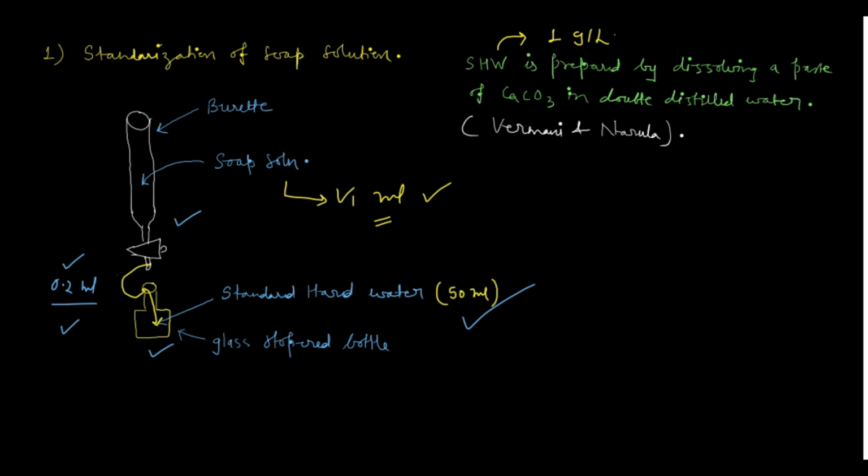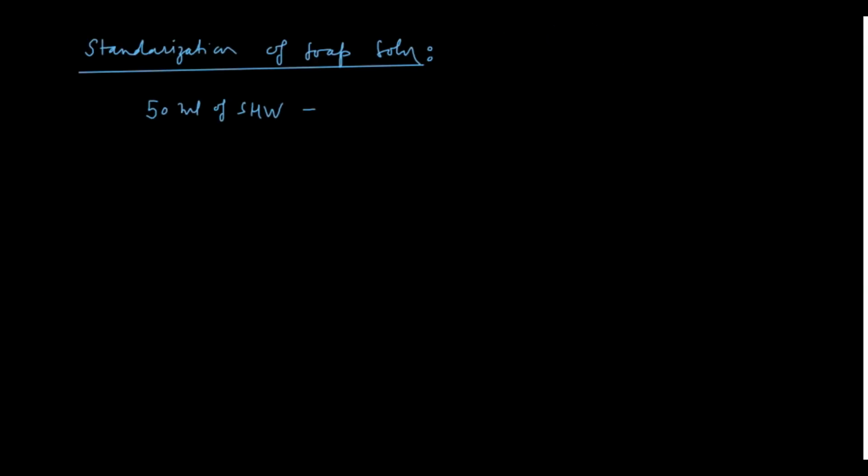So in the next slide, I can write this 50 ml of standard hard water is actually equivalent to V1 minus V4 ml of the soap solution, right? This V1 is actually the soap solution consumed by the standard hard water, and this V4 is actually the lather factor.